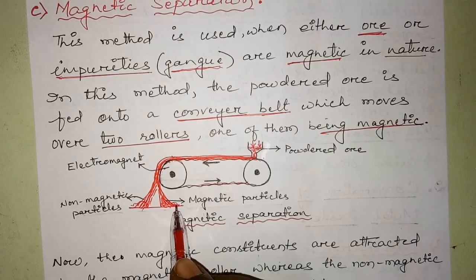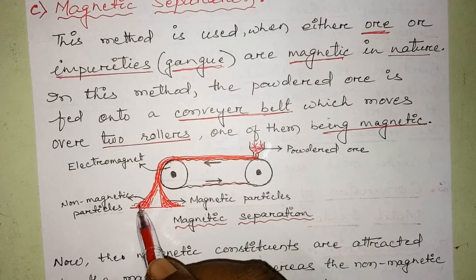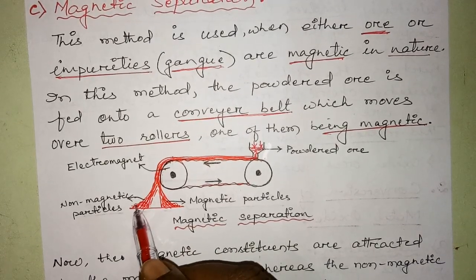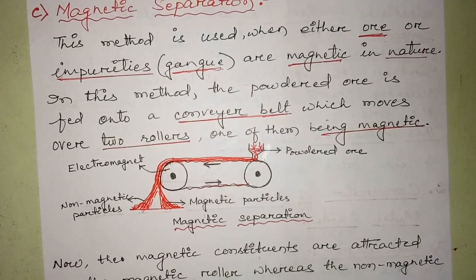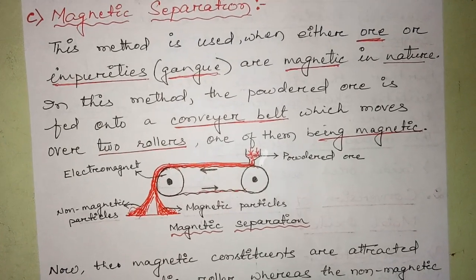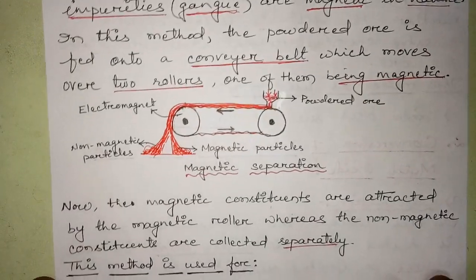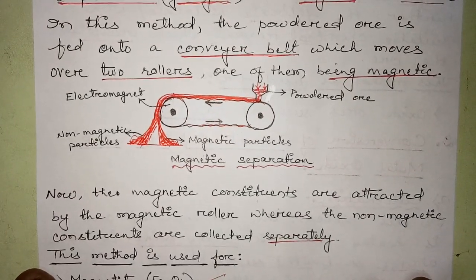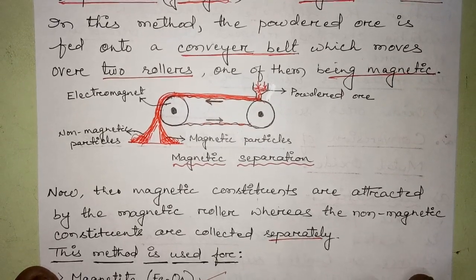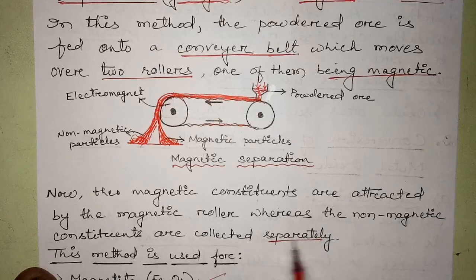These are the magnetic particles, and the non-magnetic particles are thrown away and fall in a different place. Clear? So like this it is collected in a heap here and here. Clear? This is magnetic separation. So the magnetic constituents are attracted by the magnetic roller, whereas the non-magnetic constituents are collected separately.